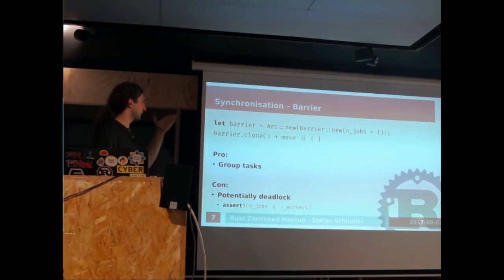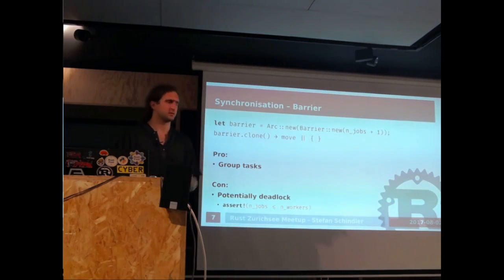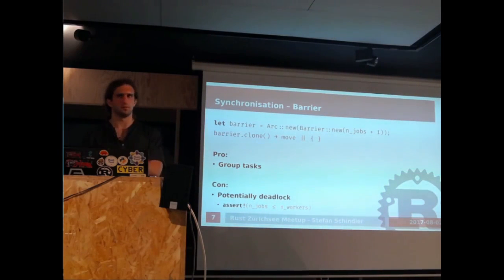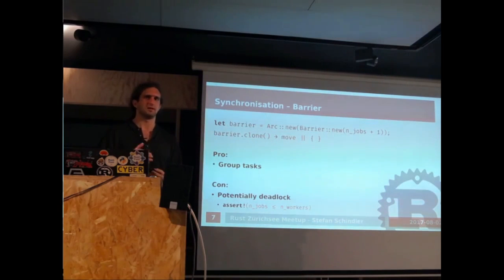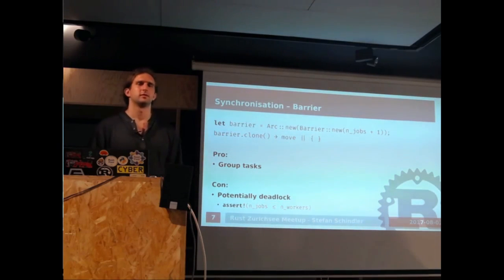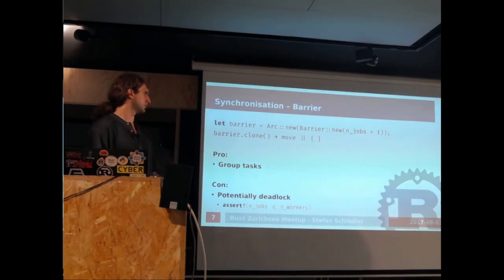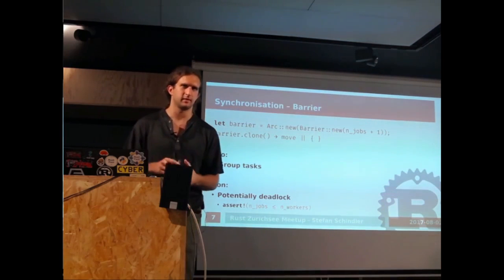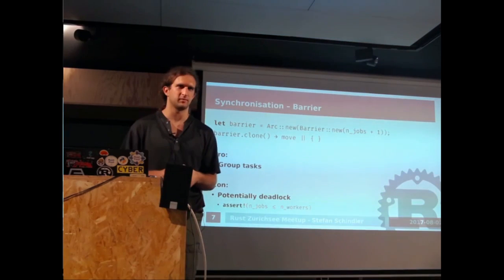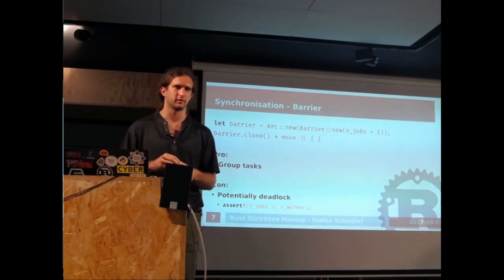So in the case of a barrier, we must make sure that we don't have more jobs waiting on a barrier than we have worker threads running simultaneously. Yes? But then if I understand this right, doesn't that mean the assertion actually has to be that the number of jobs is a multiple of the number of workers? Wait, you ask if the number of jobs must be a multiple of the number of workers?